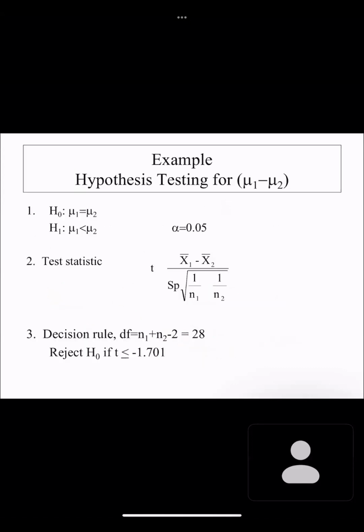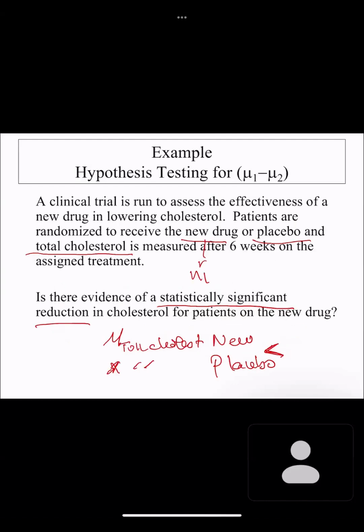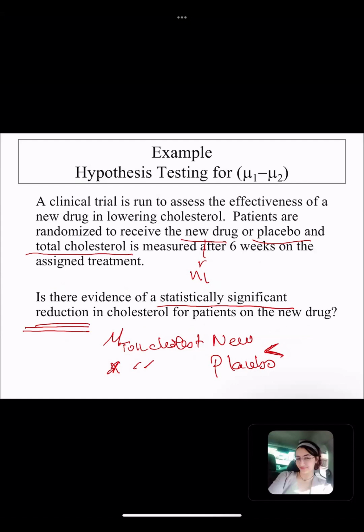Professor, I don't know what to do when I want to write the H1. When do we use the one-sided? When do we use the two-sided? Okay, so what was the question? The question is: is there evidence of a statistically significant reduction? So we look for keywords in the question.